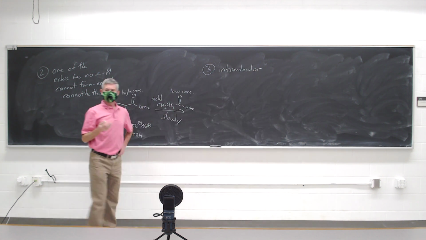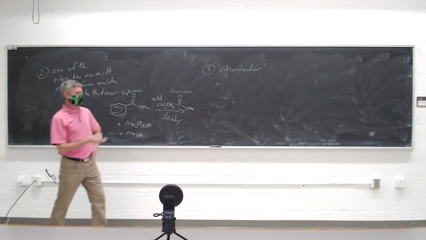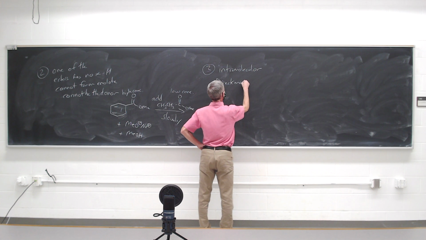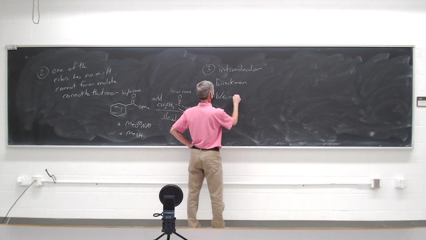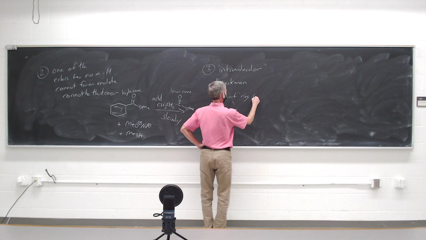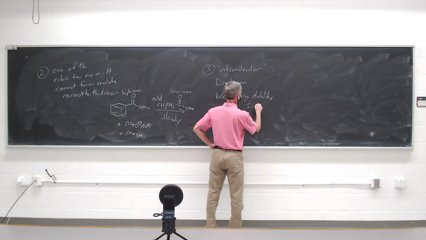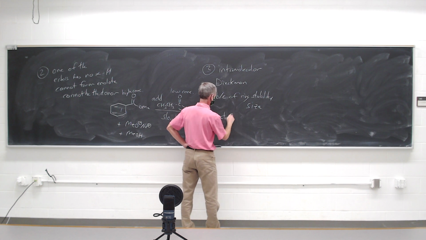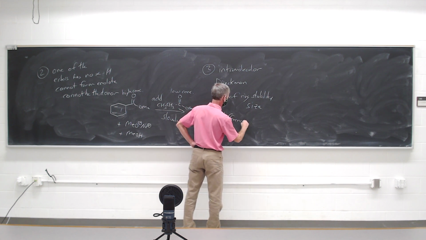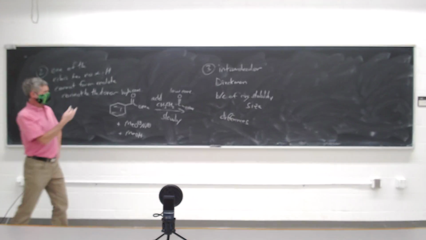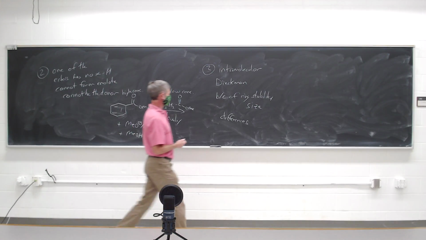The other time when you can have useful cross-Claisens is when you do an intramolecular, and you can get one product over the other because of ring size differences.